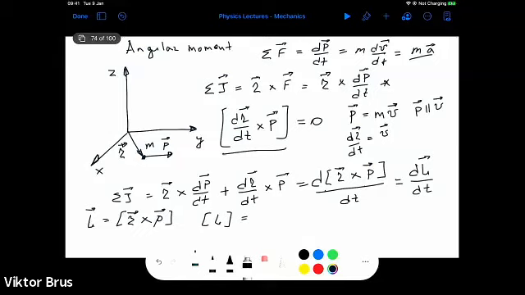Then we also have another vector, which is the position vector, which is just meters. So think about this a bit later, and you can write by yourself the units for angular momentum. Other than that, we introduced the concept of angular momentum and defined how we calculate it.